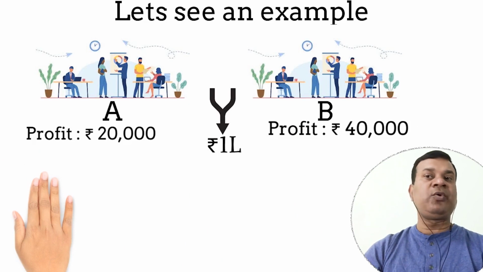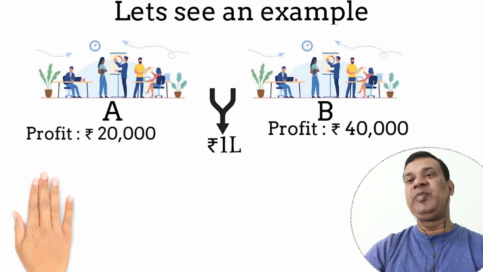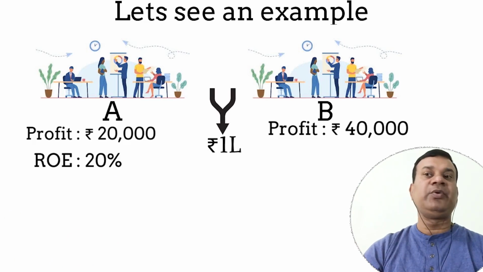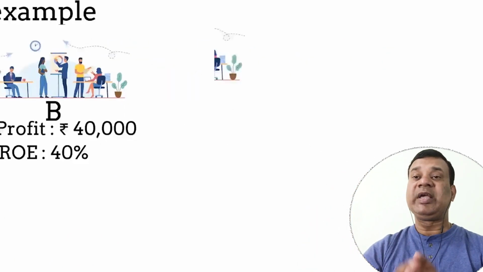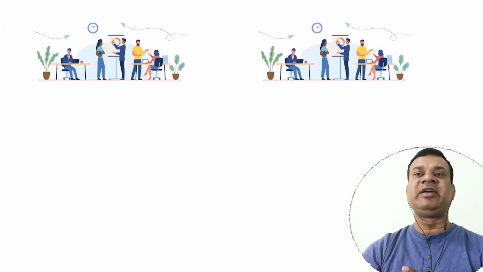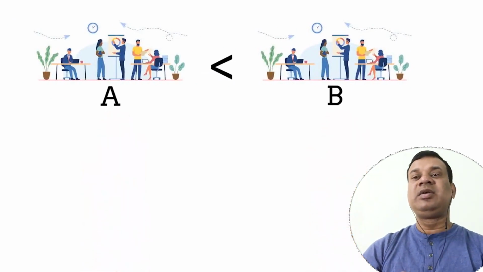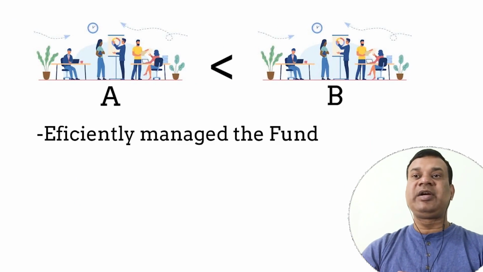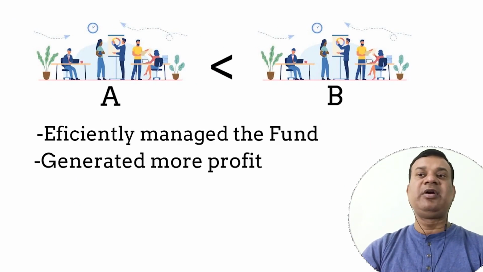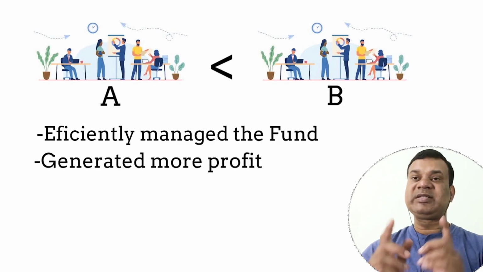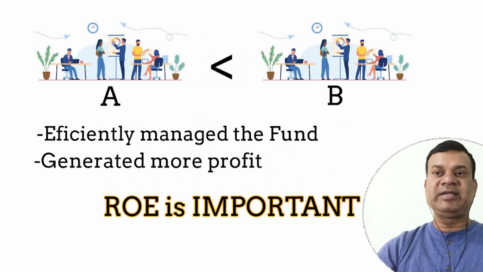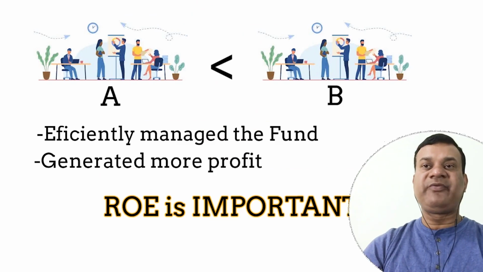So the ROE of company A will be 20% and the ROE of company B will be 40%. It is very clearly evident that company B has very efficiently managed its funds and generated more profit as compared to company A. This is the importance of ROE in analyzing the performance of a company.